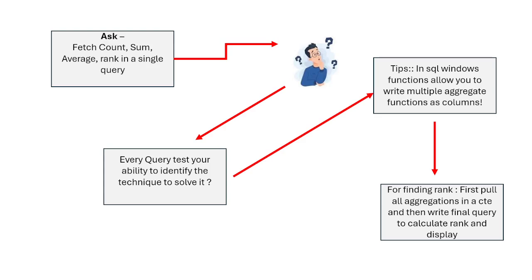I will see the problem first, think with you, and try to bucket that problem in a category, because every problem will have a different pattern to solve. Some will be solved by a window function, some by group by, some by left join, some by an inner query.